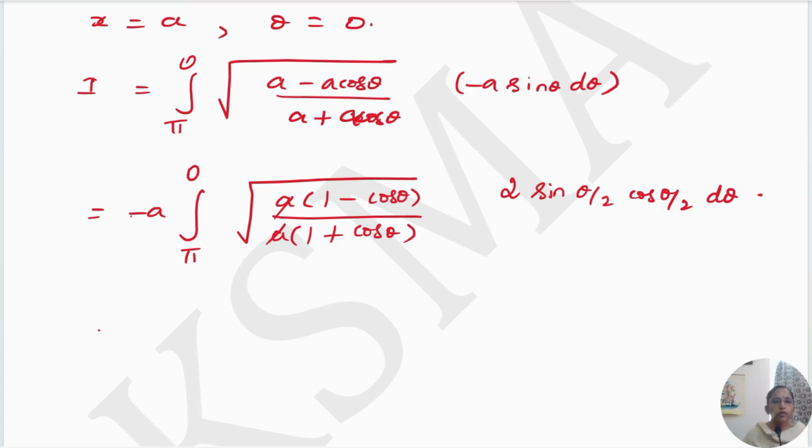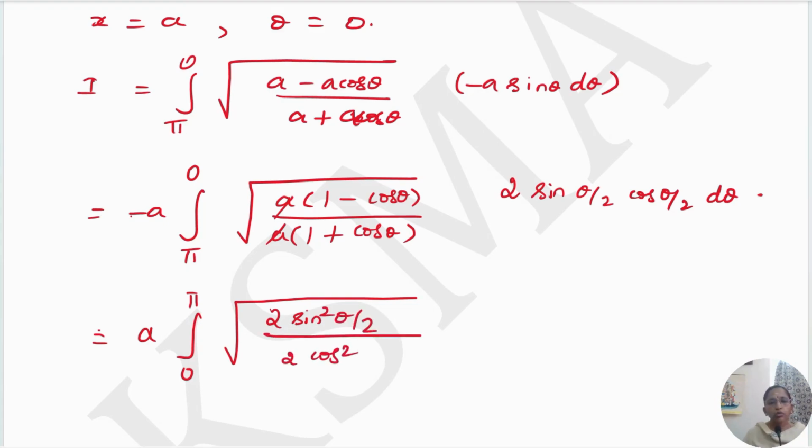And this minus you can change the limit, swap the limit. So 0 to pi, here it is root of 1 minus cos theta, which can be written as 2 sin square theta by 2, divided by 2 cos square theta by 2, times 2 sin of theta by 2 cos of theta by 2 d theta.